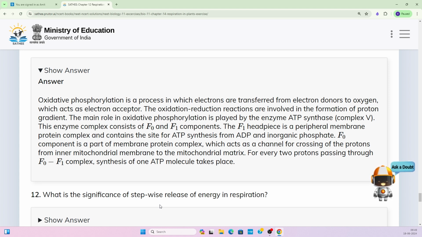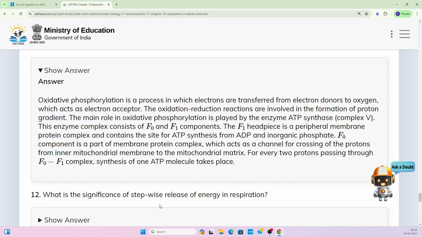The F0 component is a part of the membrane protein complex which acts as a channel for the crossing of protons from the inner mitochondrial membrane to the mitochondrial matrix.